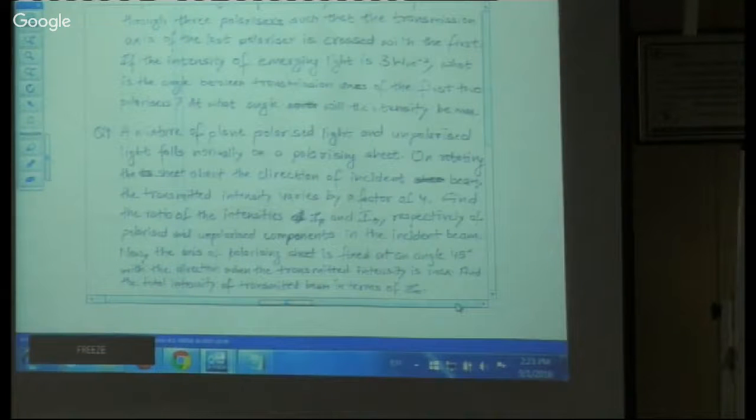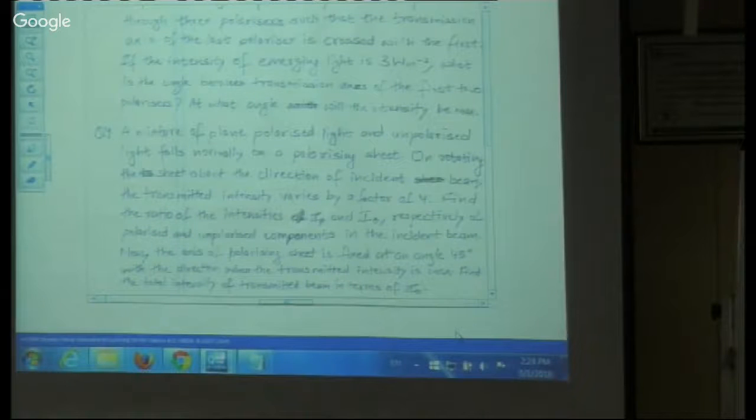We are trying to rotate its transmission axis. As we rotate it, the maximum to minimum intensity has a factor of 4. That means the maximum to minimum intensity ratio is 4. You have to find the intensity of each of them.